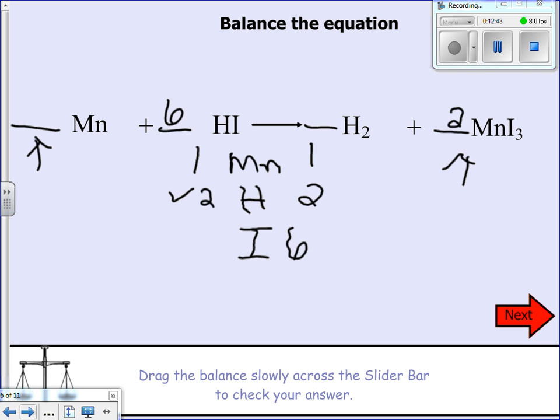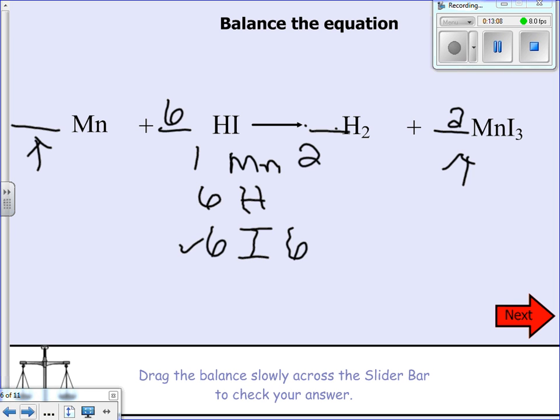Well, now look, that's messed up my hydrogen. So now I'm going to have to go back, and I can't check it off now. It's also messed up my manganese. Let's put a blank there. I have 2 manganese now. I have 6 hydrogen on the left.